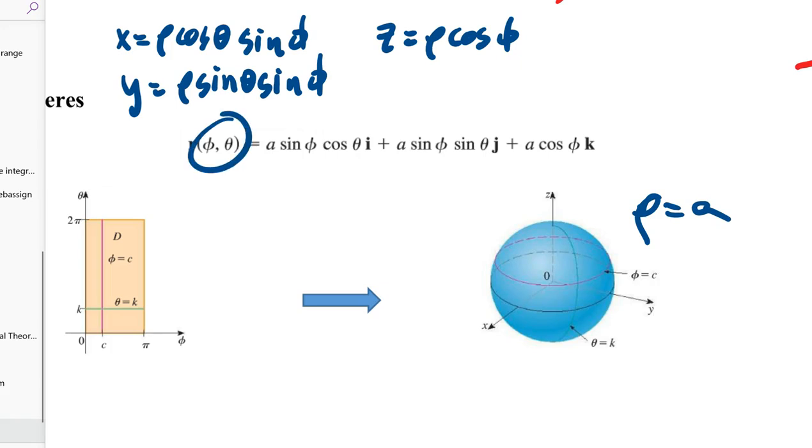So here we're not using u and v. We're using phi and theta. It doesn't have to be u and v. The conversions from x, y, and z to phi and theta work just fine to parameterize the sphere. Very simple.